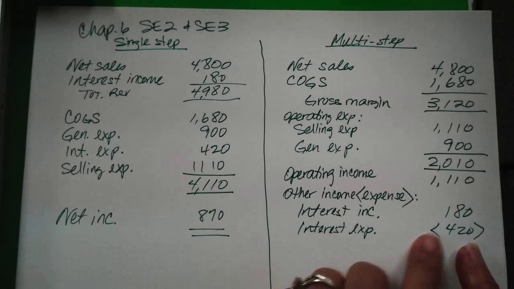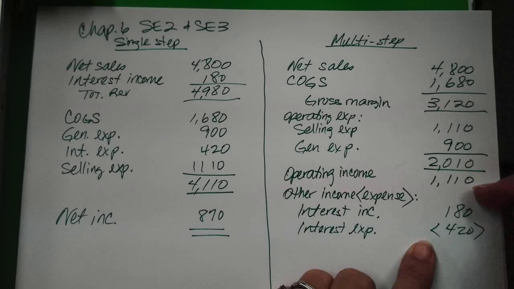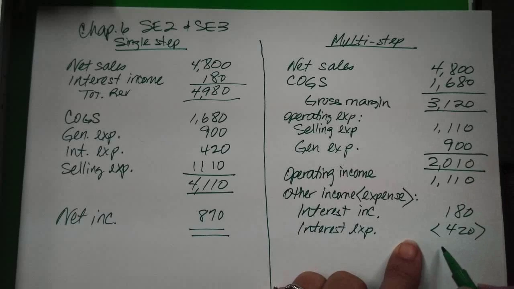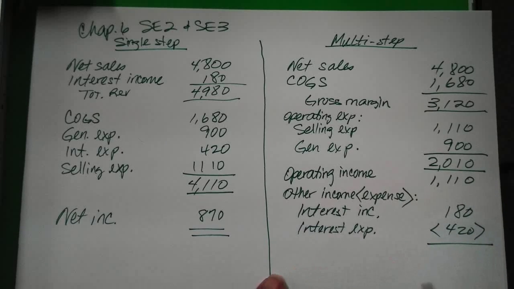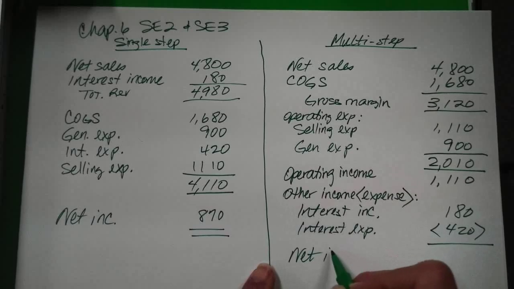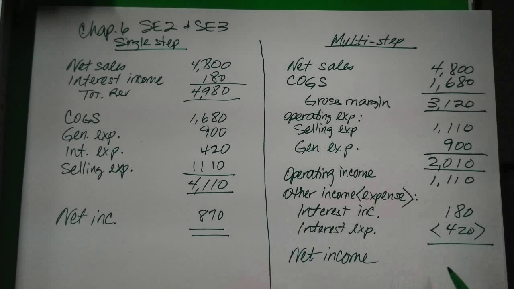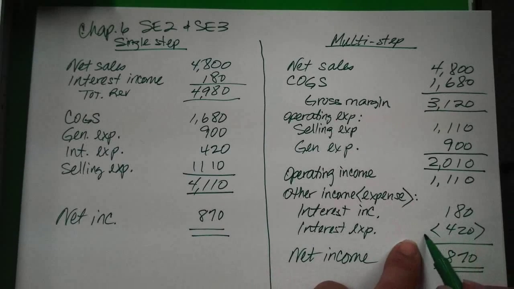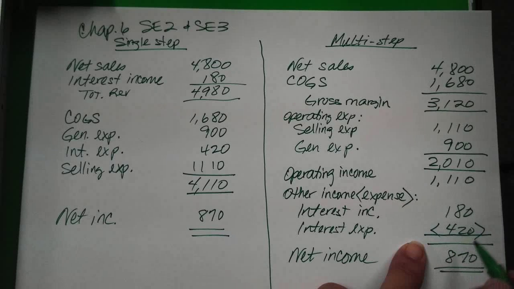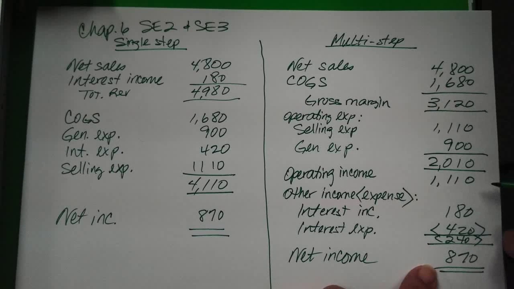Notice that I bracket income and expense because these historically are just seen as summing down from operating income. And that will get me to a net income of $870, just like before. Again, you could net these and subtotal again, which would be negative 240. Then 1110 minus 240 gives you 870.